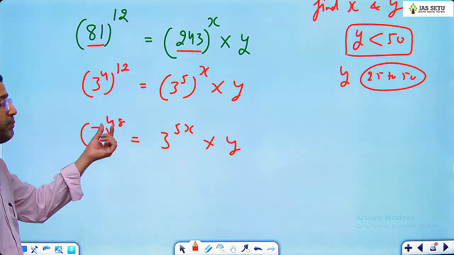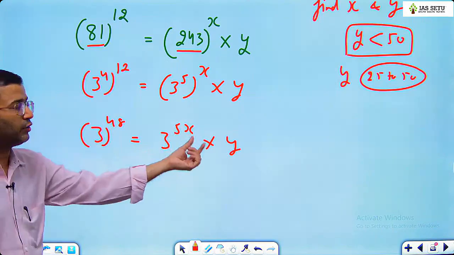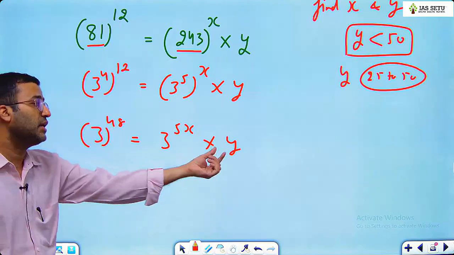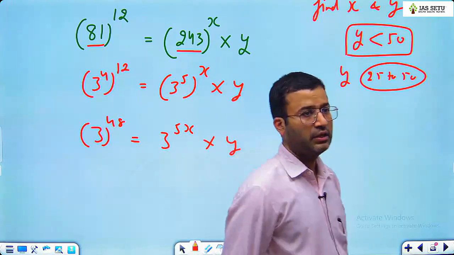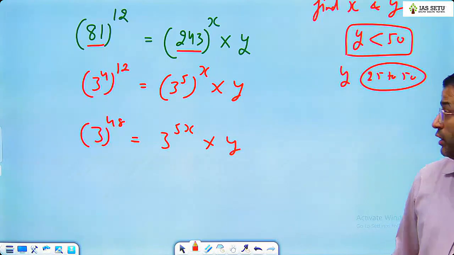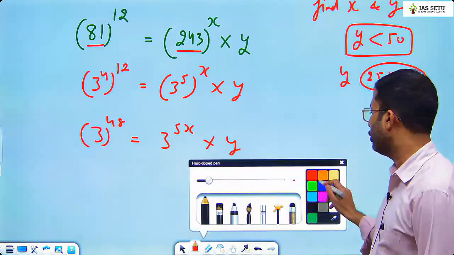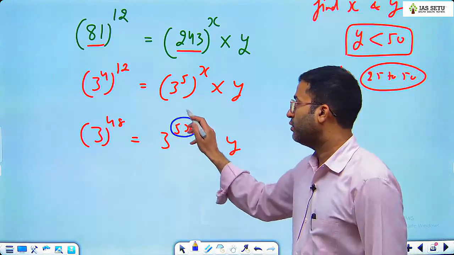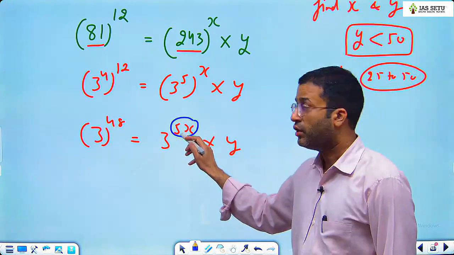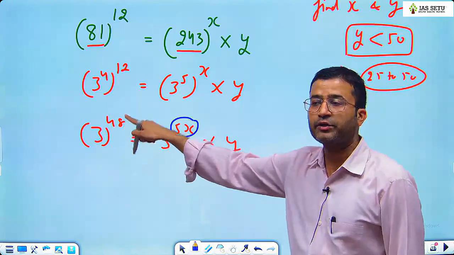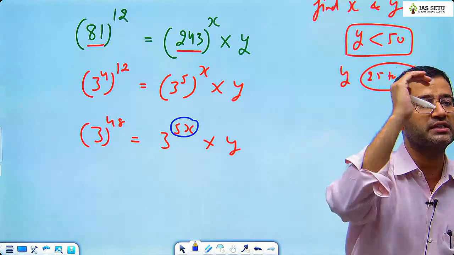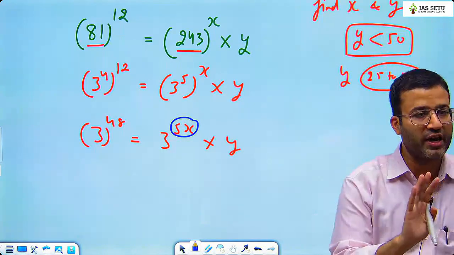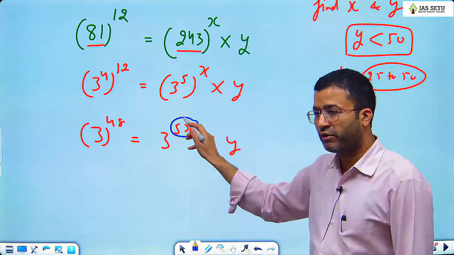So we have to take power of 3 to 48 and here also in the same combination, and y is restricted, that y has to be less than 50. So here what we can do, we can make it power multiple of 5 which is lesser than 48. Can you tell me multiple of 5 which is just lesser than 48? 45.